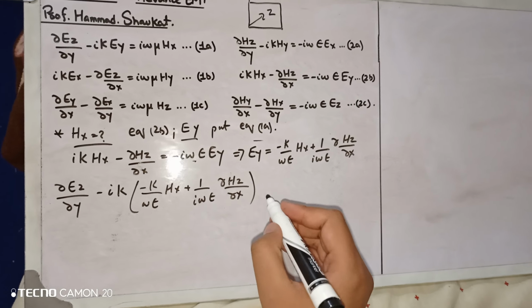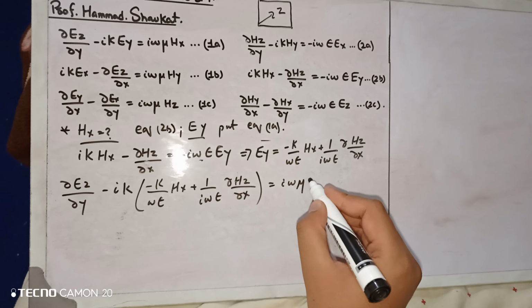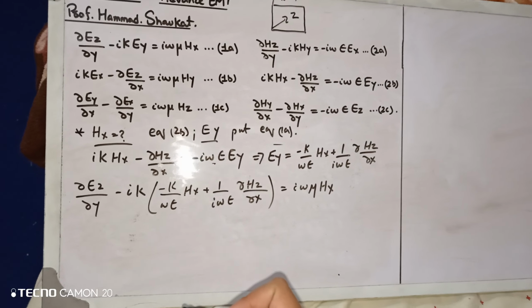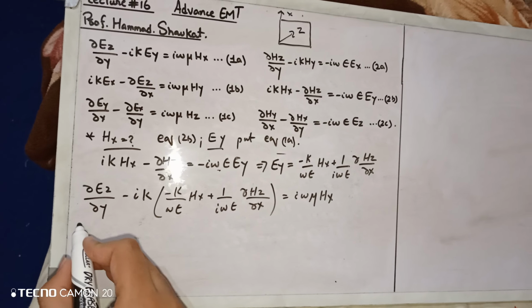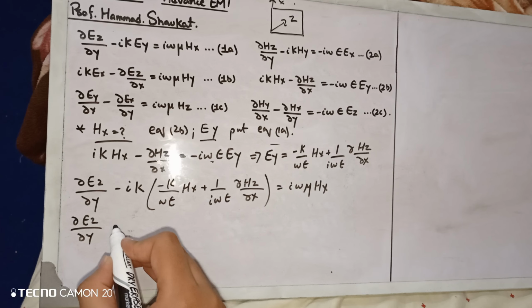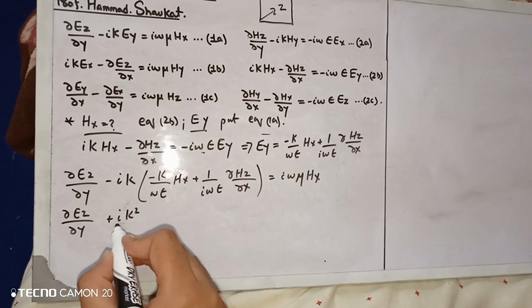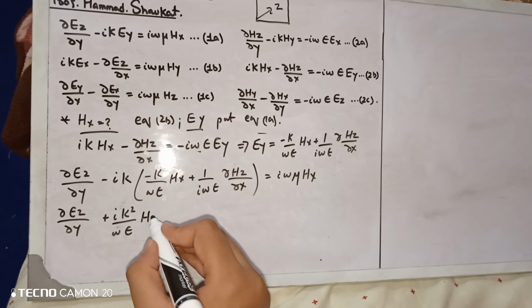Okay, so this also becomes equal to iω μ Hx. You can see here, now again we have to multiply this with this and this with this. So it becomes ∂Ez/∂y plus i k² divided by ωε Hx. How?